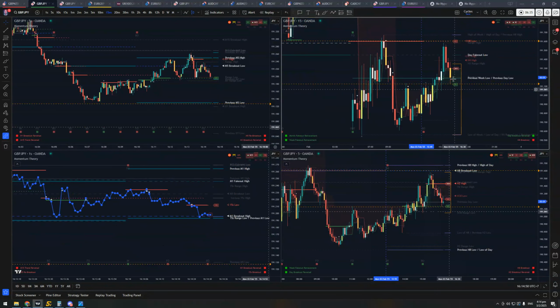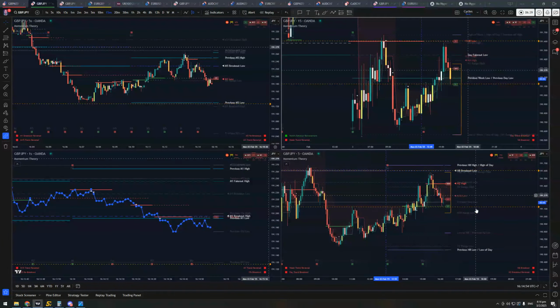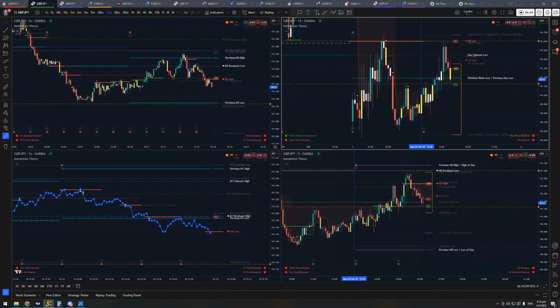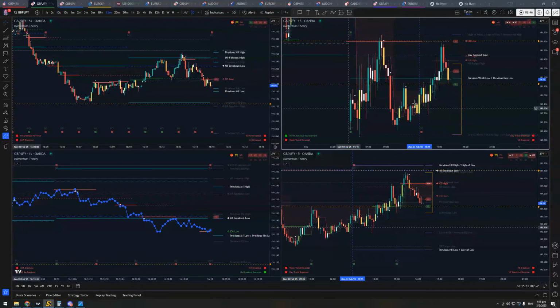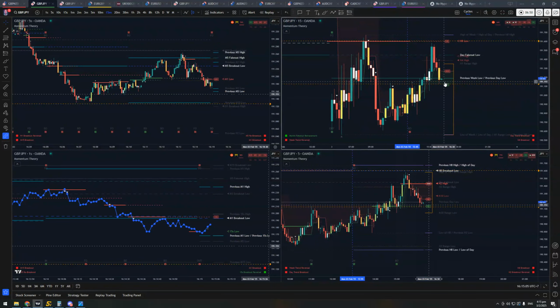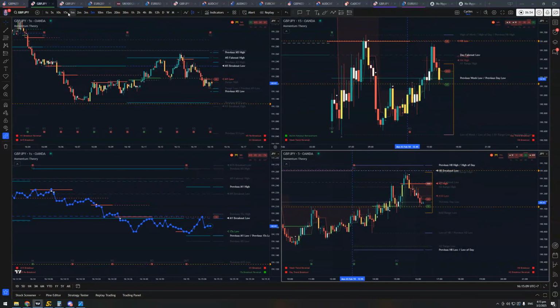Okay, 10 seconds here. Looks like it's faking out. Wasn't able to get down. That's why I always wait for bars to close. Okay, so this one closed in breakout on the daily. Okay, I'm gonna drop down.